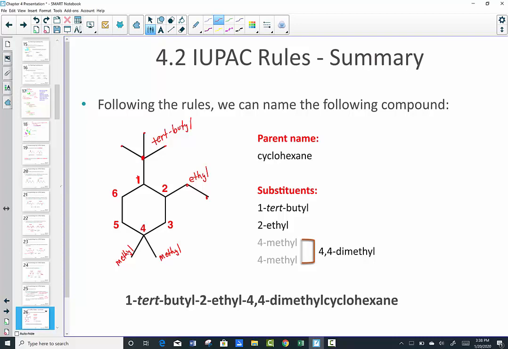Alphabetize. Butyl, ethyl, methyl. That's the alphabetized name of those substituent branches. Then I tell you where they're located. Remember, a hyphen separates numbers from letters. 1-tert-butyl-2-ethyl-4,4-dimethylcyclohexane. These get fun, don't they?